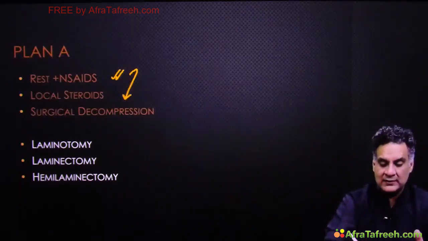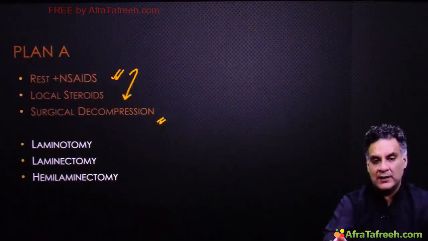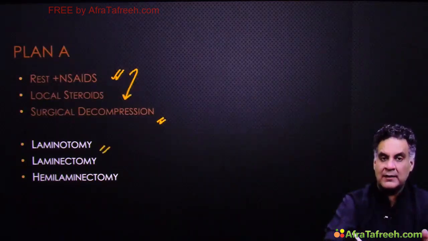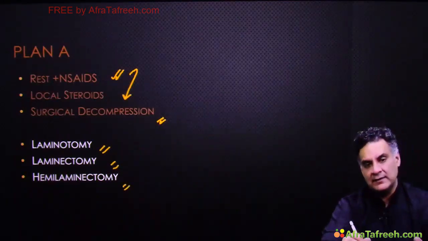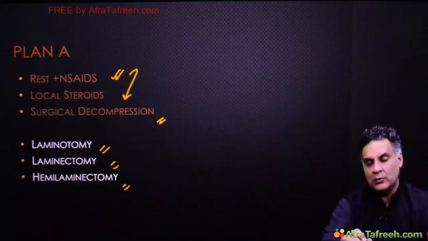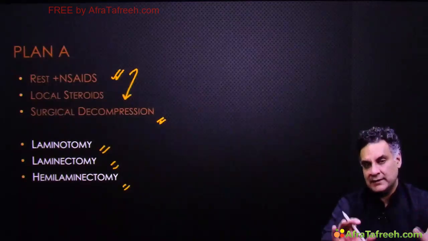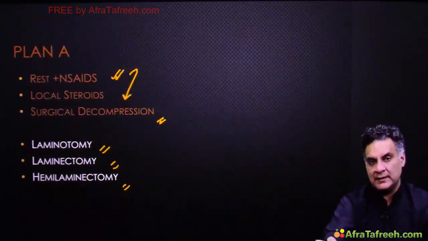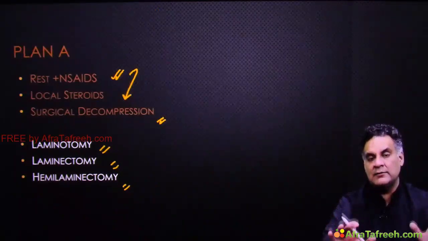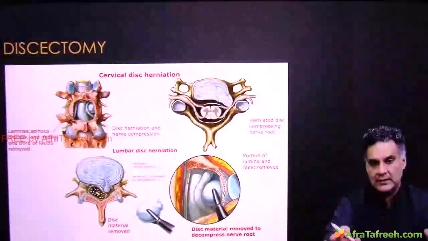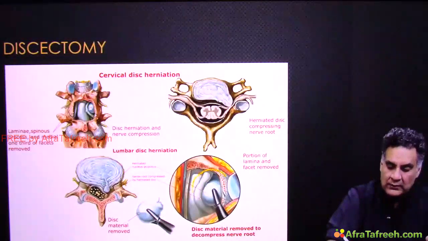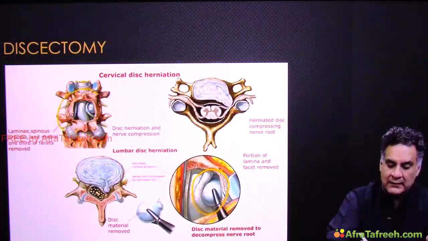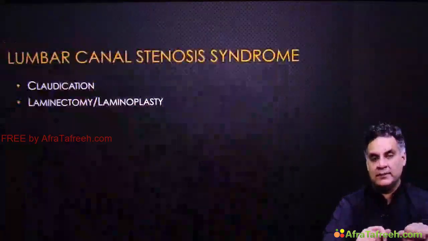If not relieved, surgery. In case of disc prolapse, you will make a hole in the lamina, remove the whole of the lamina or remove half the lamina. Laminectomy is removal of the complete lamina, hemilaminectomy is removal of half the lamina. So this is the feature: making a hole, removing the disc, or opening the entire lamina or the half lamina.